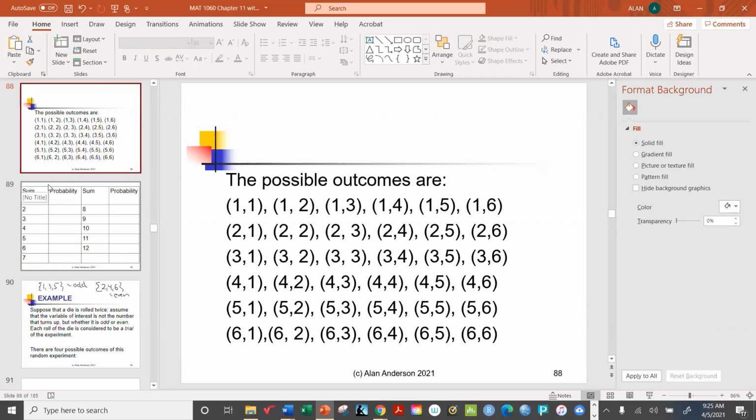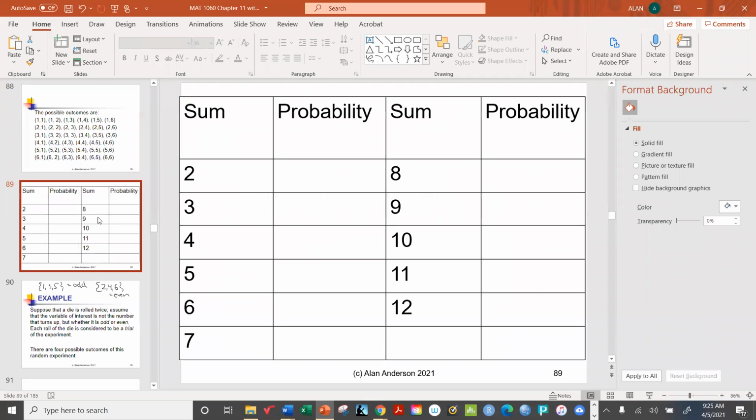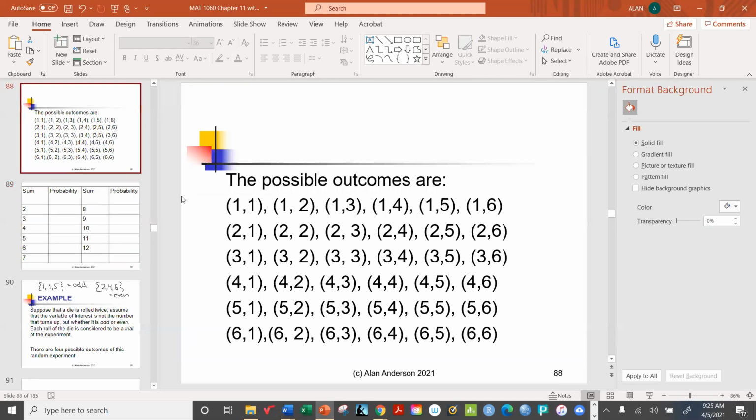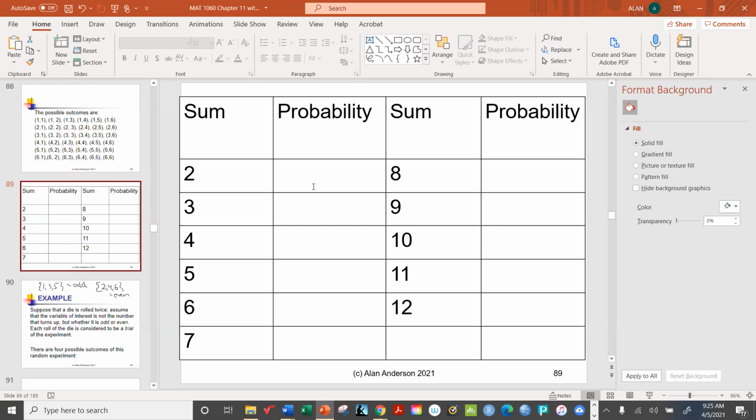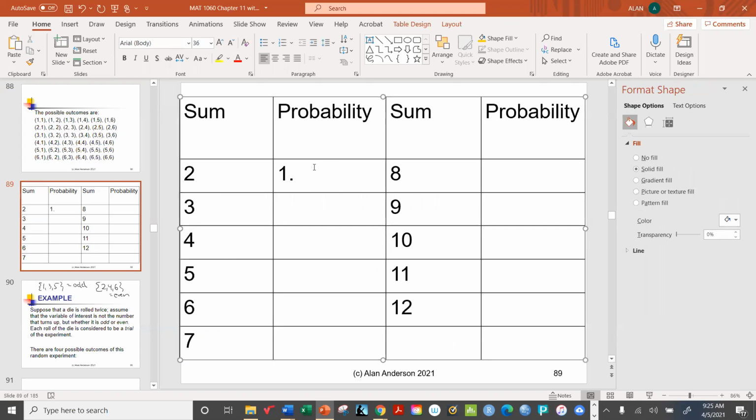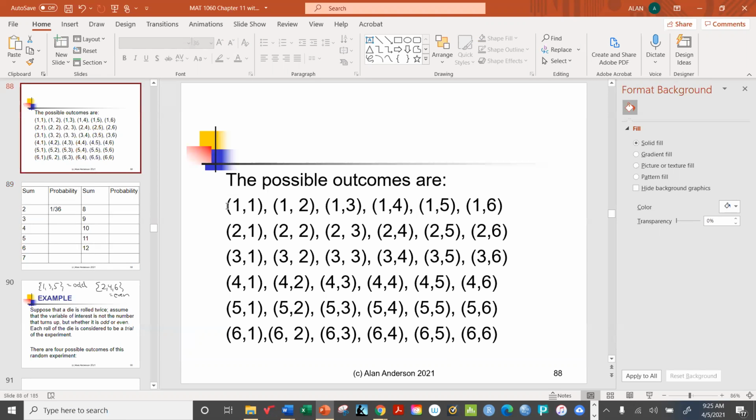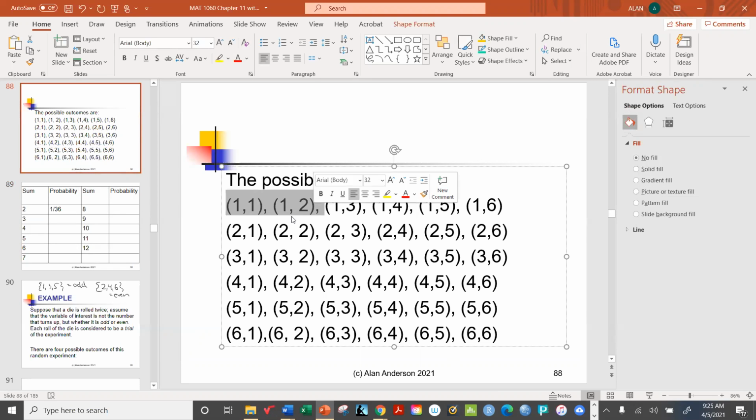So if I want to know the probability of getting a 2, I'm going to come in here and say, in how many of these cases do they add up to 2? Just once. That's it. So that means the probability must be 1 out of 36. What about 3? How many different ways can I get a 3? Look, there's these two and this one as well.